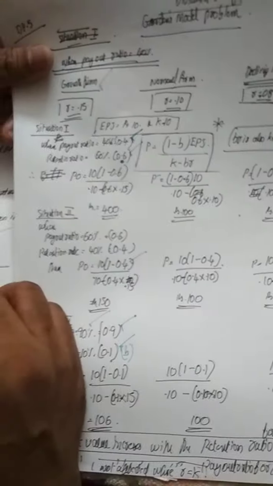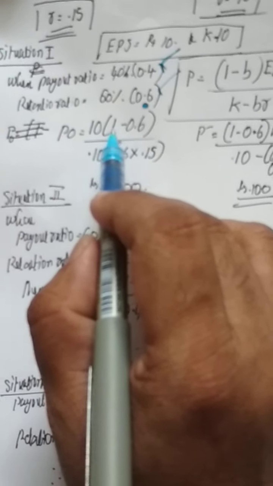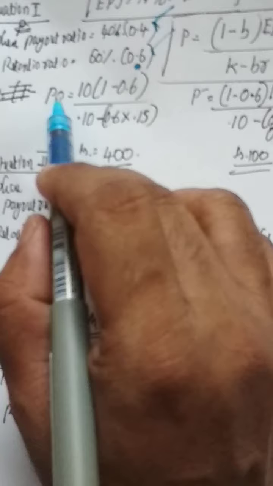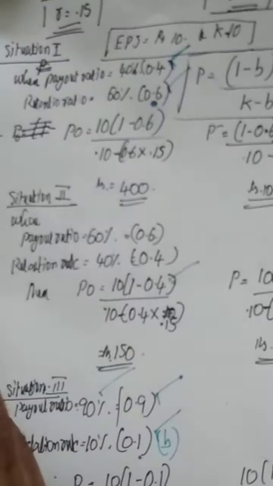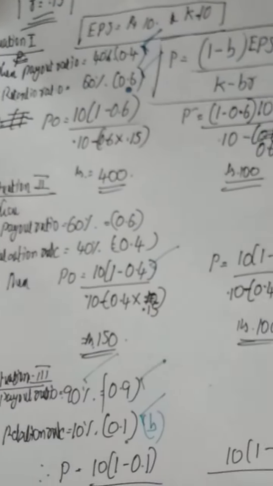So 1 minus B, where B is the retention ratio 0.6, into EPS, which is 10 as given, the whole divided by K minus BR. K is 0.1, given in the question. So 0.1 minus 0.6 into R, where R is 0.15. Like that we can apply it for all situations.